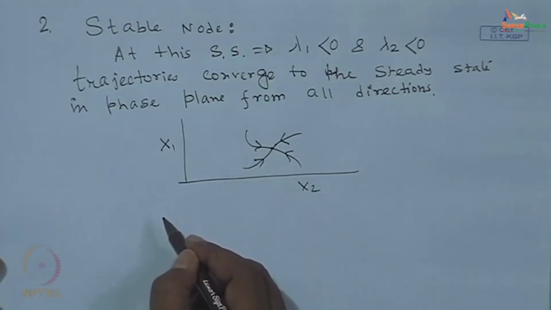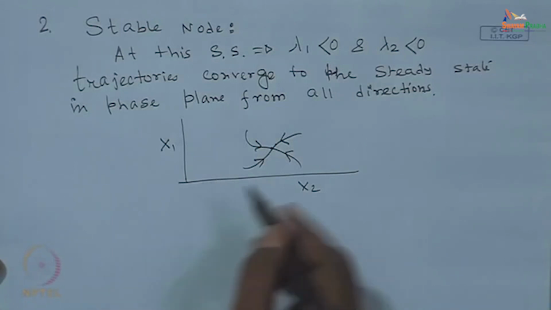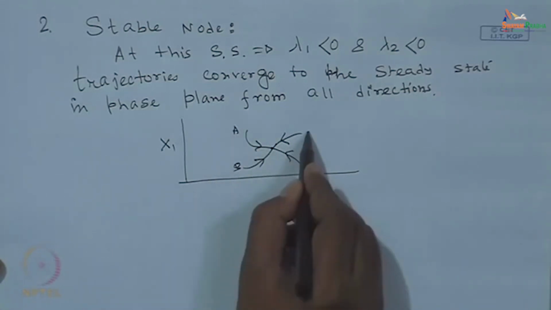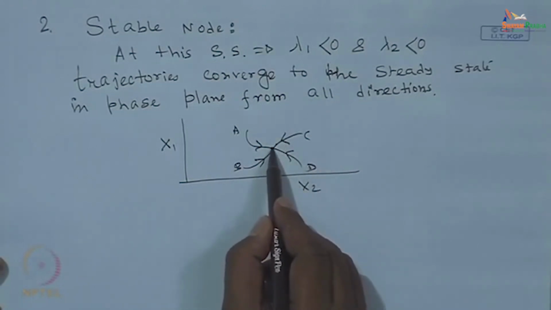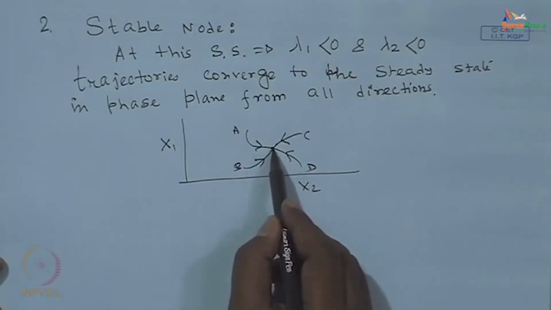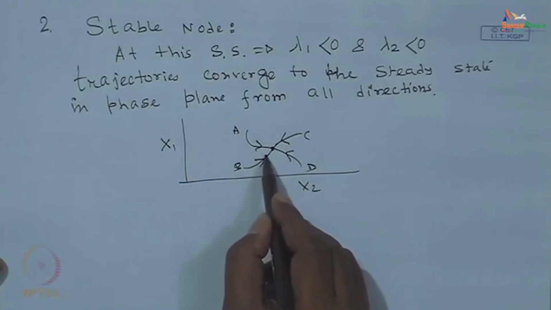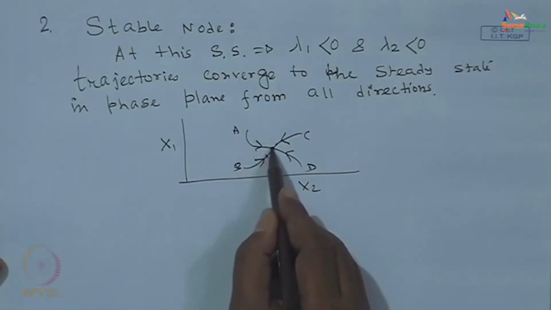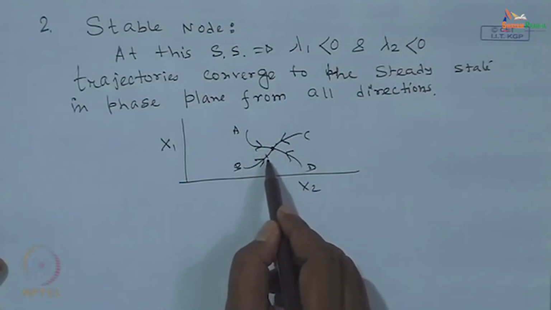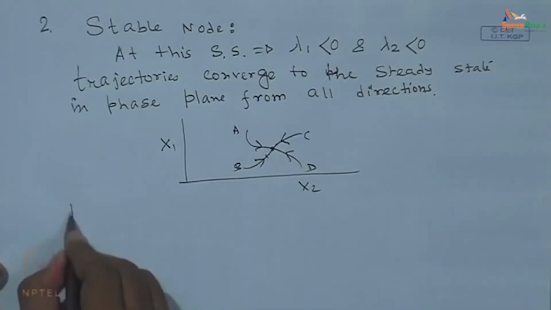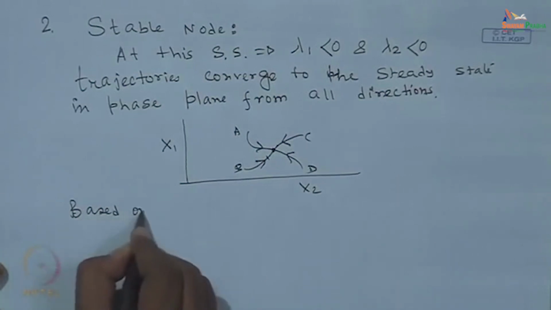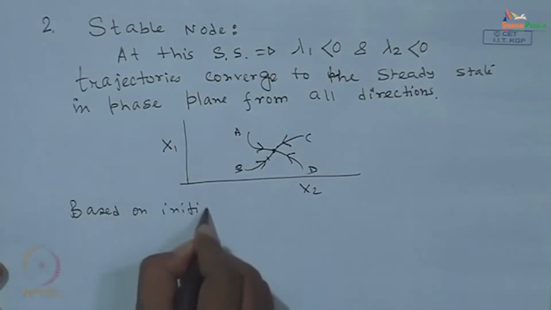Suppose there are paths A, B, C, D. Now, which trajectory will it follow? Suppose you have a steady state here and a point around the steady state. Based on the initial condition, it will decide which path it will take up.